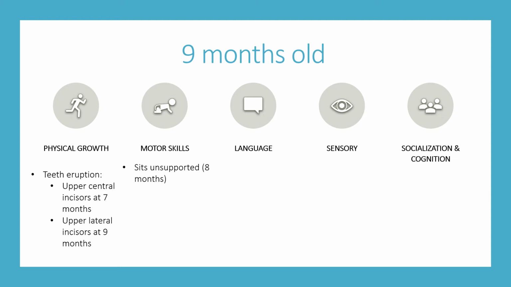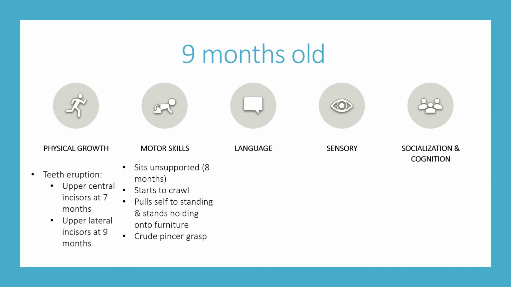As far as motor skills, this child should be sitting unsupported around 8 months old. They can start to crawl around the 9-month mark. And once they start crawling and moving around, they can pull themselves up to a standing position and hold onto furniture to help them stand.